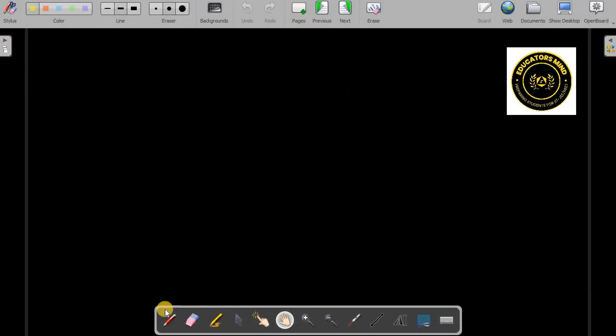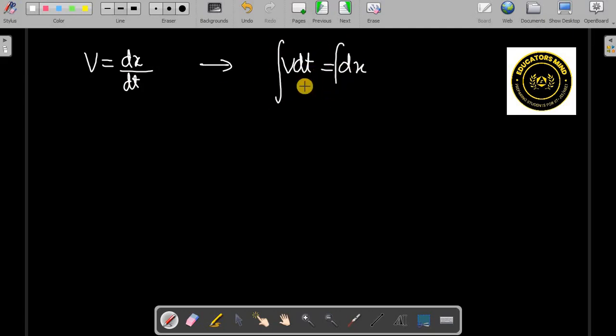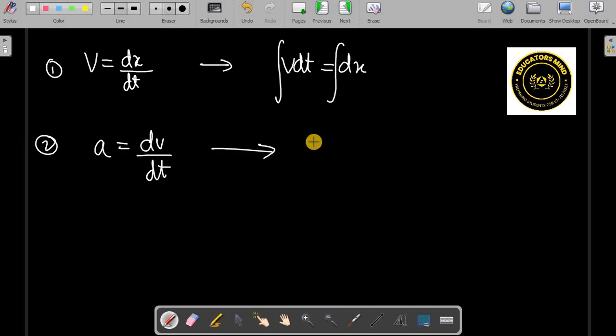For example, if you take v equal to dx by dt, you may write this as v dt equal to dx, and then integrate within the limits. Similarly, acceleration is dv by dt, so you can write a dt equal to dv and integrate.